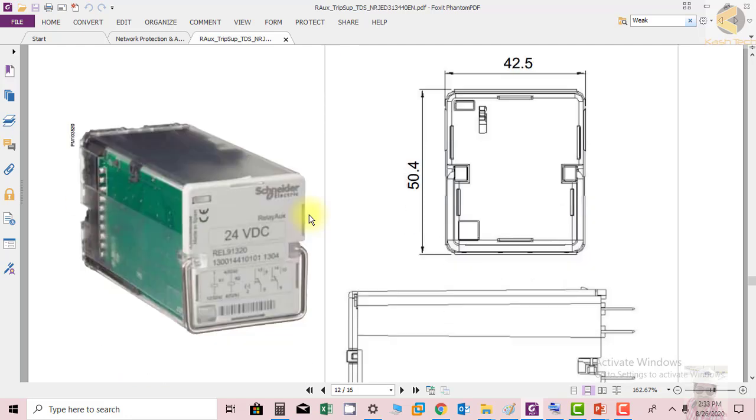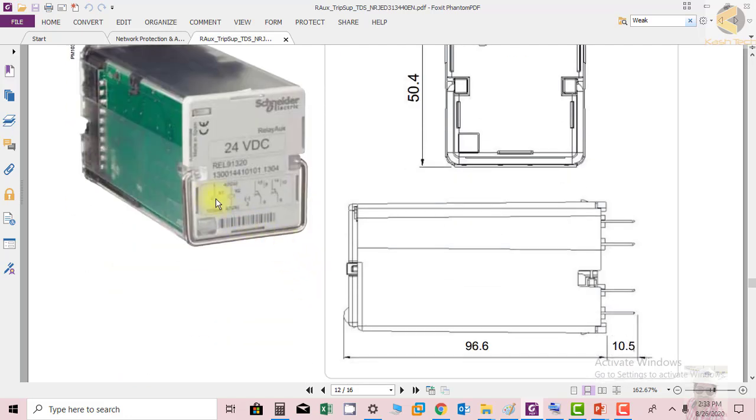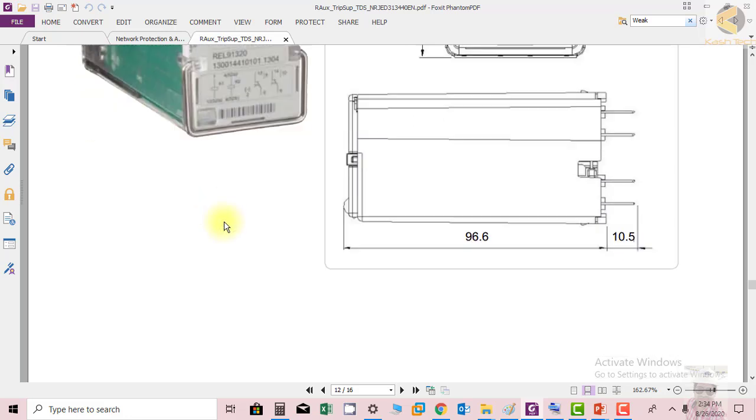And these are the dimensions. This has only 2 coils, so this relay can be installed on a breaker which has only one mechanism. So this relay will be used at up to 132 kV normally. At 500 and 220 kV we may find single pole mechanisms.